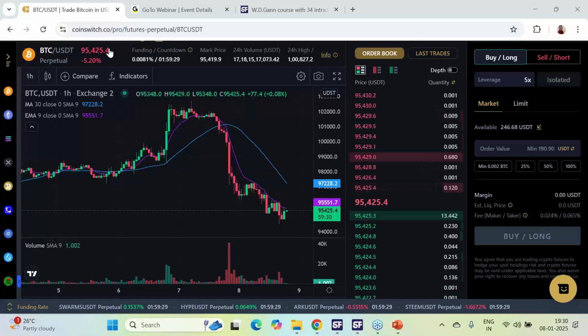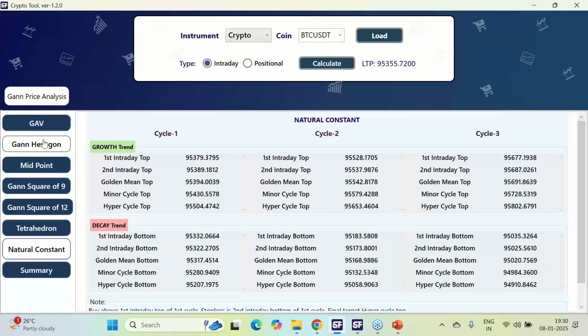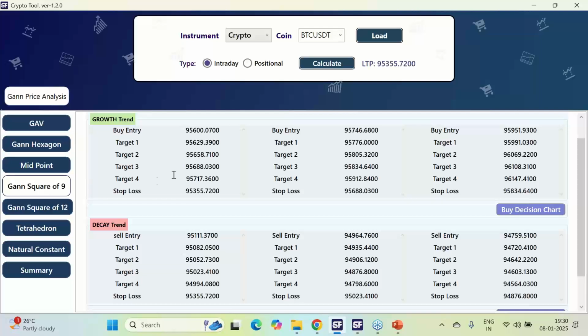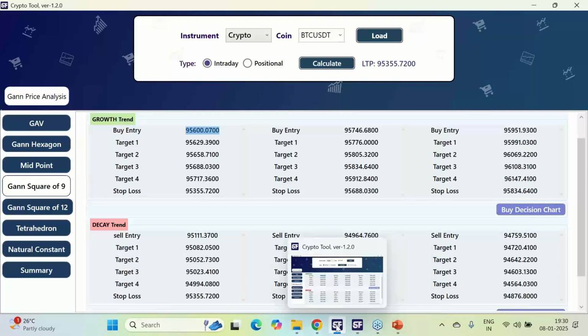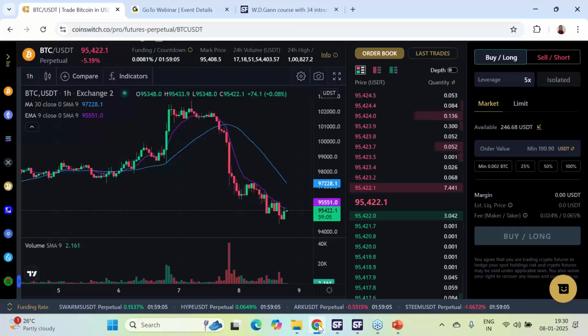Bitcoin has not gone to the 95,111 that we calculated on the short side. Square of 9, just watch here. 95,111 has not come. 95,600. Once it crosses, to touch this fourth target, it will never take more than 5 minutes. So how much trade can you do here? Only with $190.